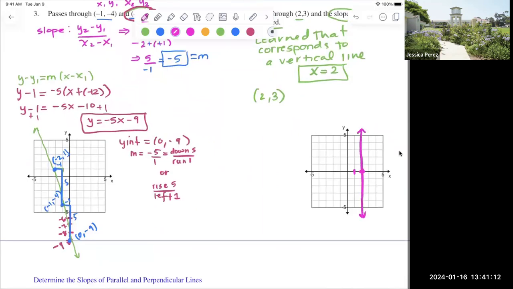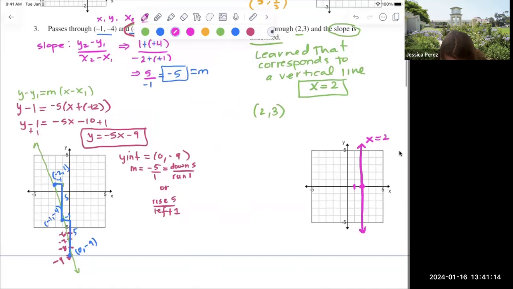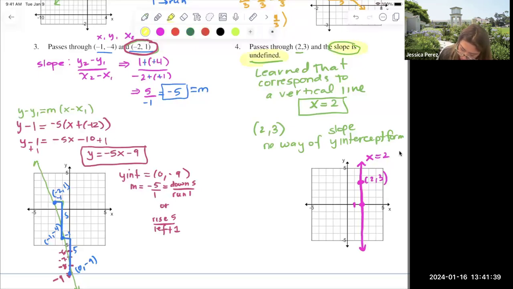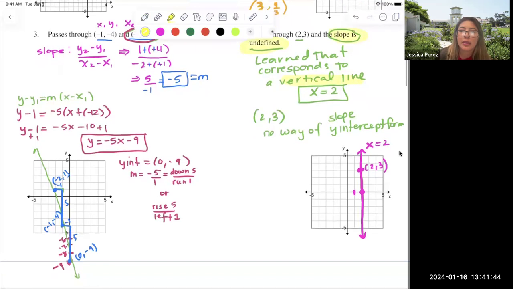This is a vertical line at x equal 2 and your point 2, 3. And then here, there's no slope-intercept form because we have an undefined slope. And we learned that because the definition of a vertical line corresponds to an undefined slope. Okay.